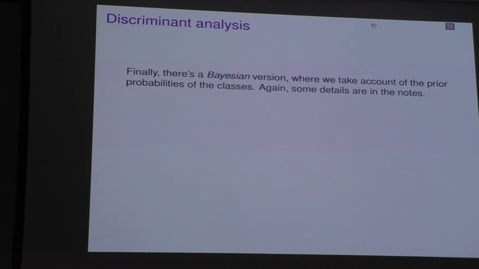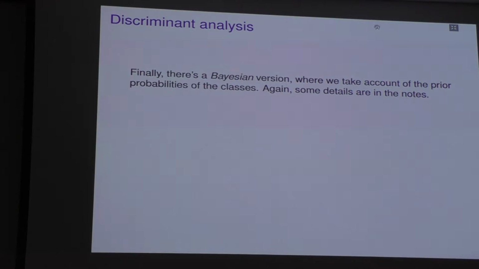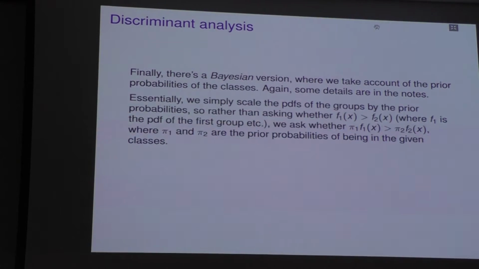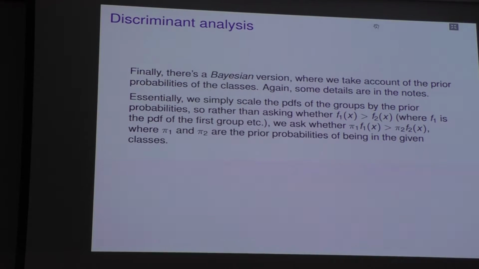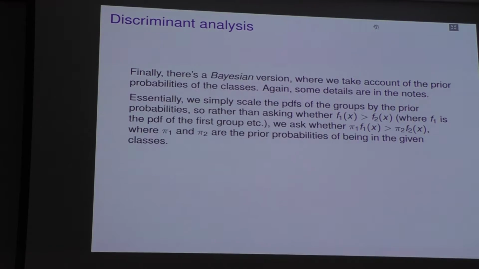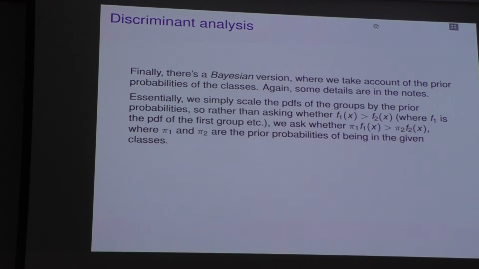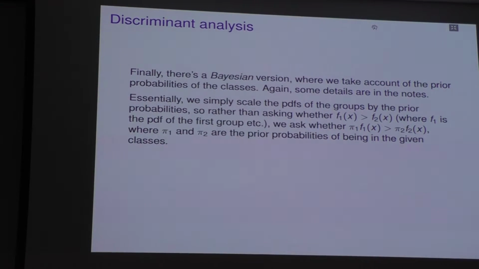So finally, I'll say here that you can adjust this slightly as a Bayesian version if some groups are more likely to be expected than others. This might happen, for example, if you've got a rare disease that has similar-looking symptoms to a more common one. Remember that we're motivating this by one probability density function being larger than the other one.